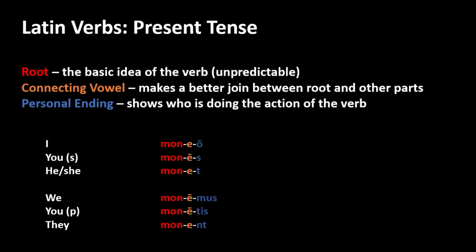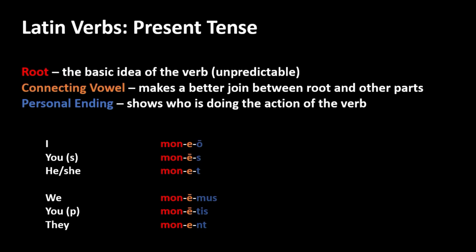Here is the entire conjugation of moneo. When I say that this is a regular verb, what I mean is that the root never changes, and it is possible to predict all the other parts of this tense by looking at any one part.